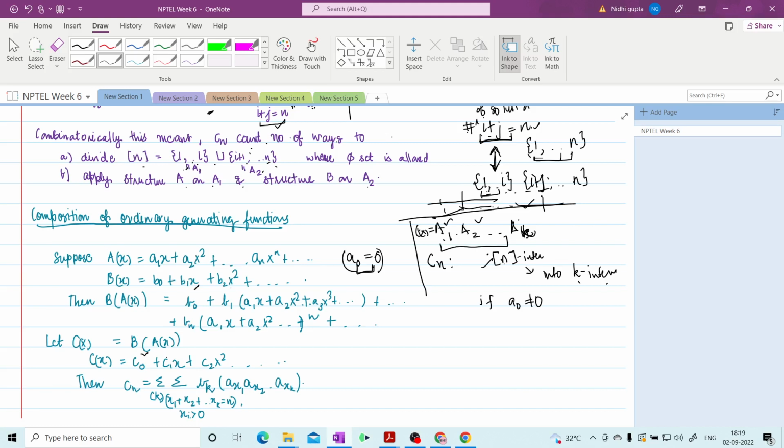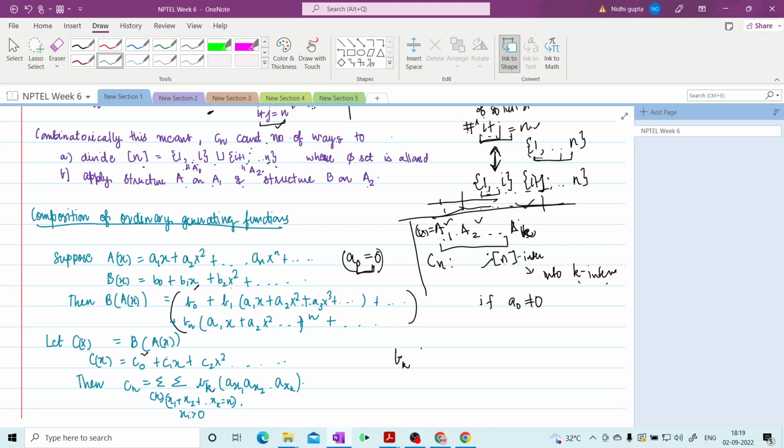Now once we have written it down, from this expression, if we want to calculate what our c_n is, what will it be? Each term looks like this. We'll see the contribution coming from each of these terms. Suppose I fix my k, say b_k.